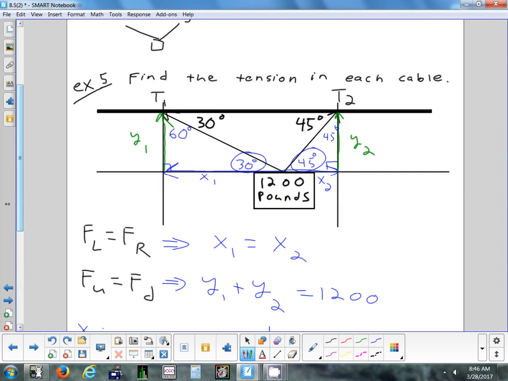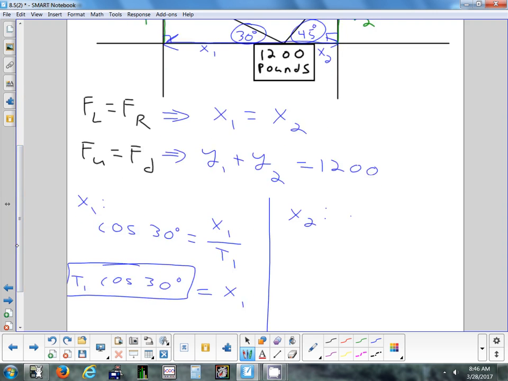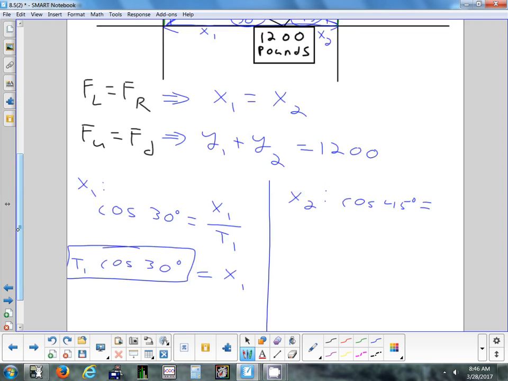What trig function would I use? Cosine. Cosine 45 equals x2 over T2. And then solving for x2, T2 cosine 45.